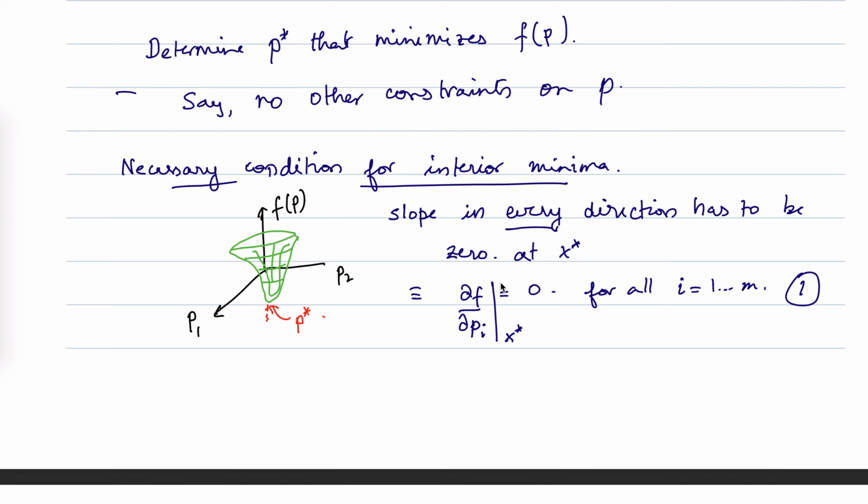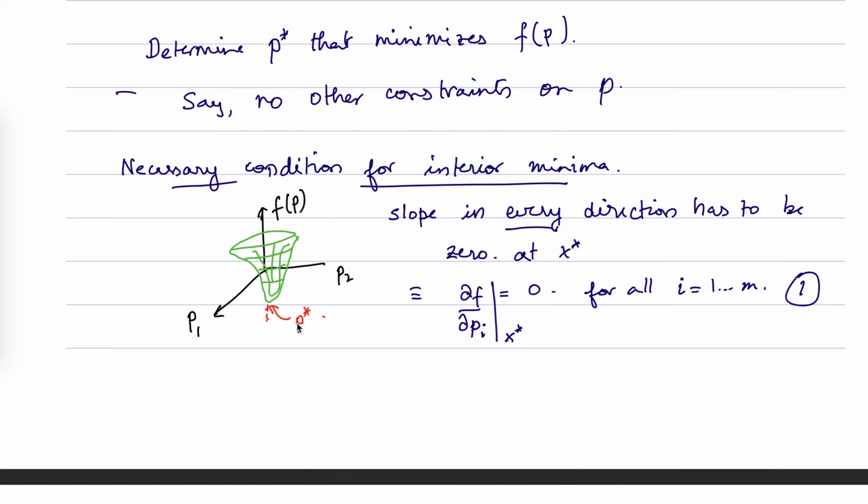This is p here, and at that point p star, the slope needs to be equal to 0 in every direction. What that means functionally is that you take the partial derivative of f with respect to p1, p2, p3, etc., and evaluate it at your p star, and all those partial derivatives are going to be equal to 0.